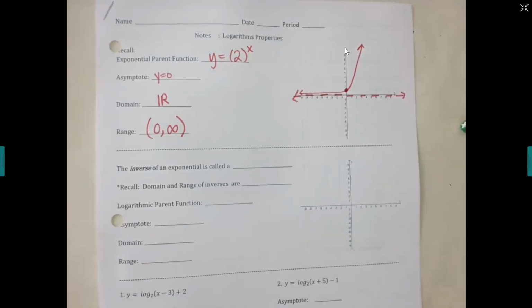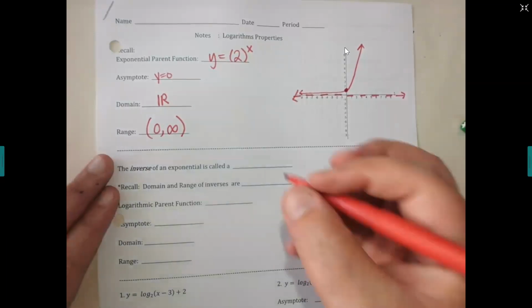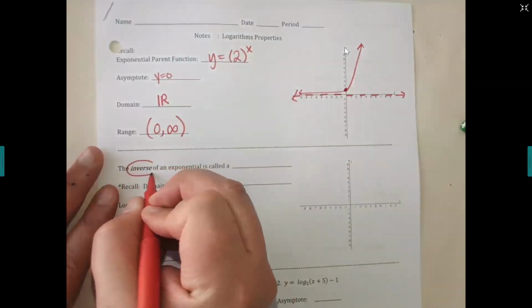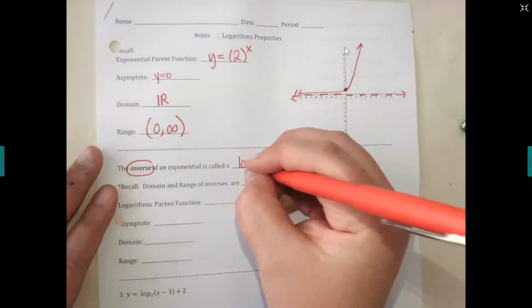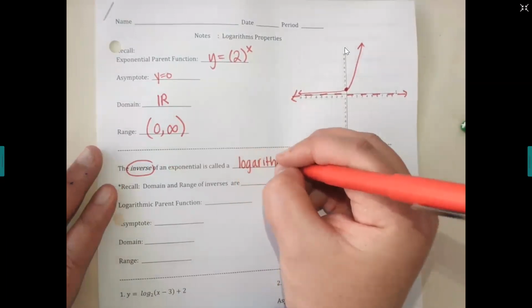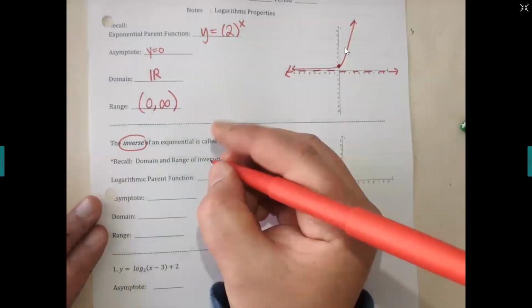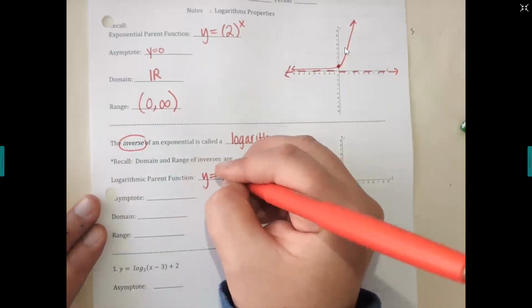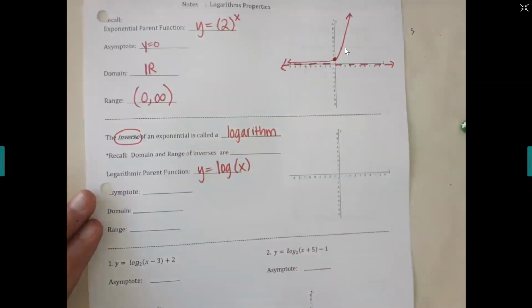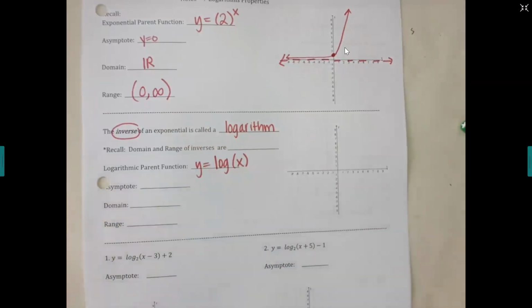Okay, so now we're going to take what we know about exponentials and talk about their inverse, which is called a logarithm. The parent function is going to be y equals log x. Now, because it's an inverse, there are some automatic things that we know. Remember your x and your y for inverses are always flip-flopped.